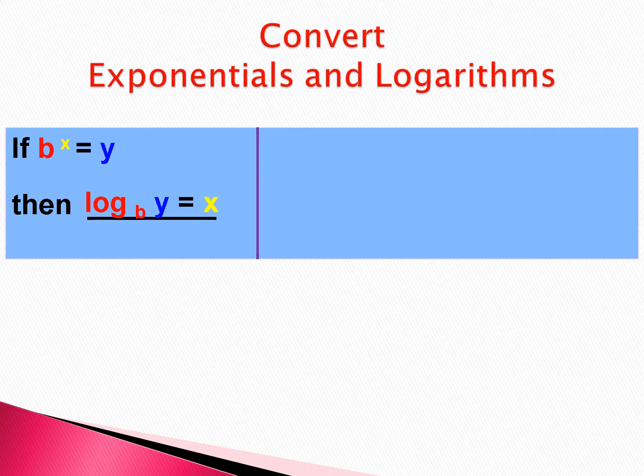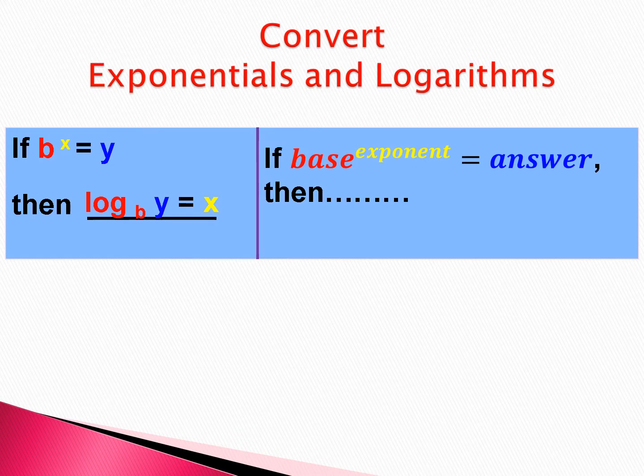Now, you're going to hear me use a vocabulary term quite frequently during this lesson, and it's called the argument. The expression that comes between the log and the answer, that little y there, represents the argument. So you will hear me refer to that a lot as the argument. So it's log base b of the argument equals x. Some people say, well, I don't like it in terms of variables, so we put it in terms of words.